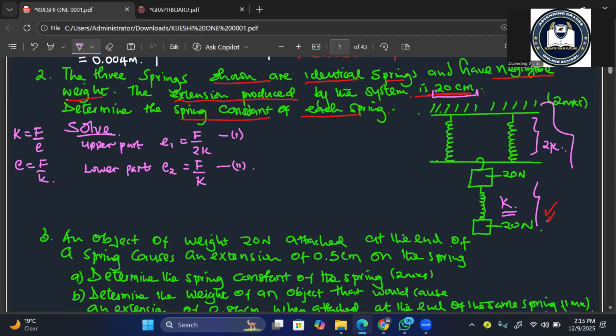Then you say equation 1 plus equation 2, we are supposed to lead all the way to production of 20 centimeters. Therefore, let's look at E1. So E1 plus E2 is supposed to be given as 20.